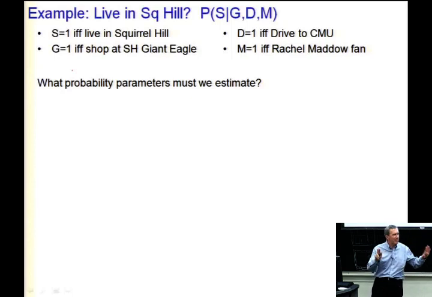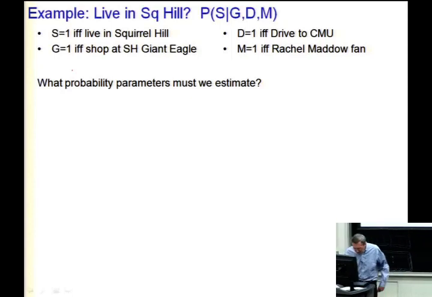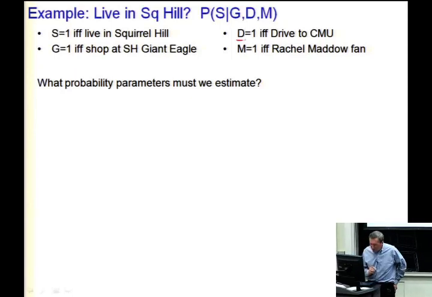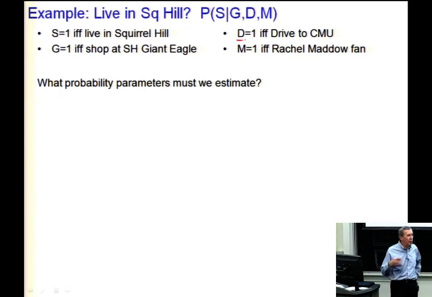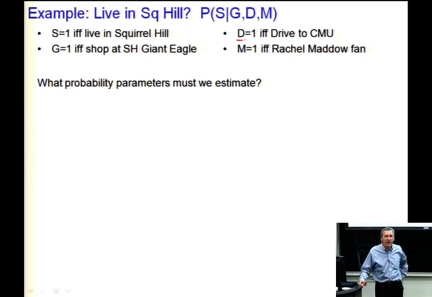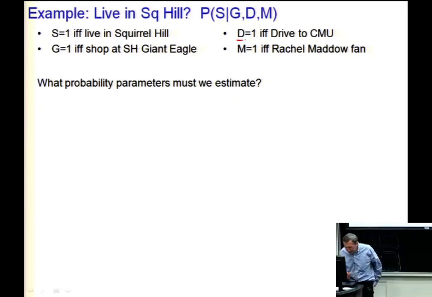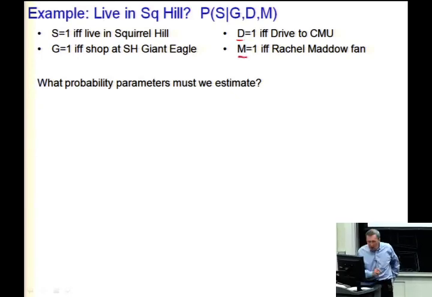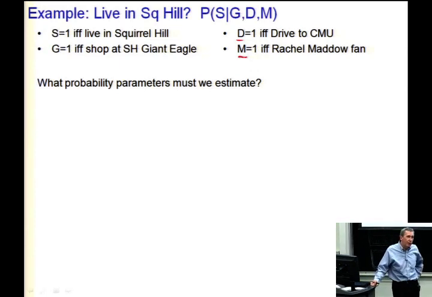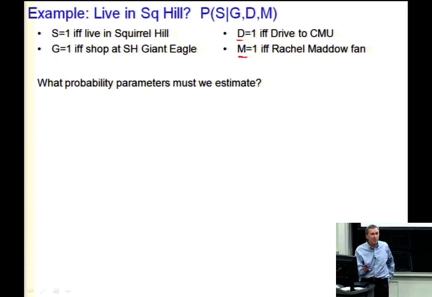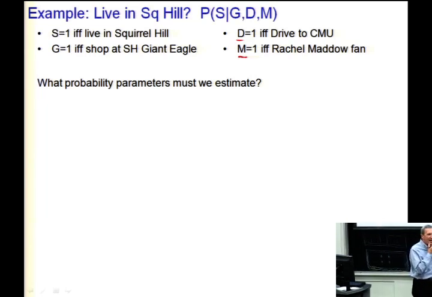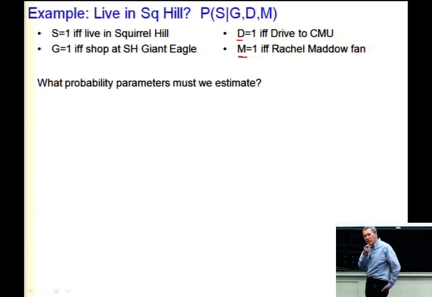I have another random variable called D, which is true if you drove to CMU in the last month from your home. And I have another variable called M, which is true if you are a fan of Rachel Maddow. If you don't know who Rachel Maddow is, you're a 0 on that one. Okay. All right. So now, let's train our naive Bayes classifier.